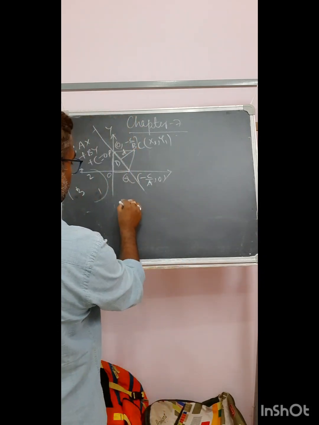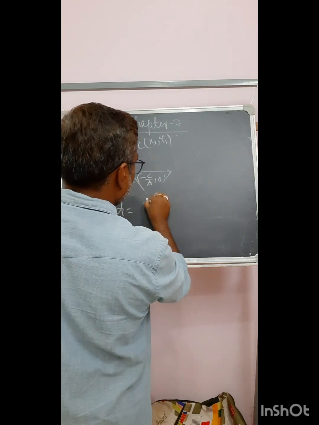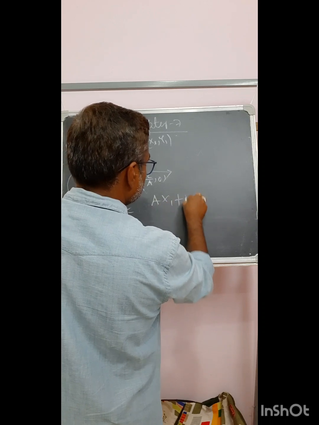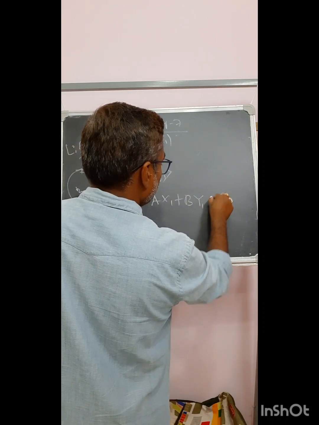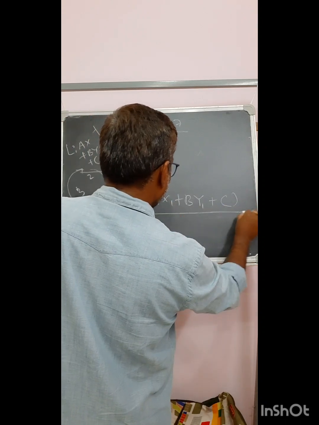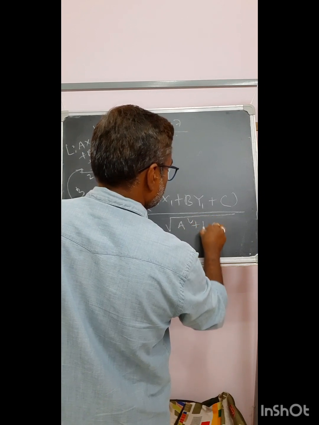So the remaining thing that is finally coming is something like that. The distance D is equal to AX1 plus BY1 plus C on the top, and at the bottom it will be under root of A square plus B square.